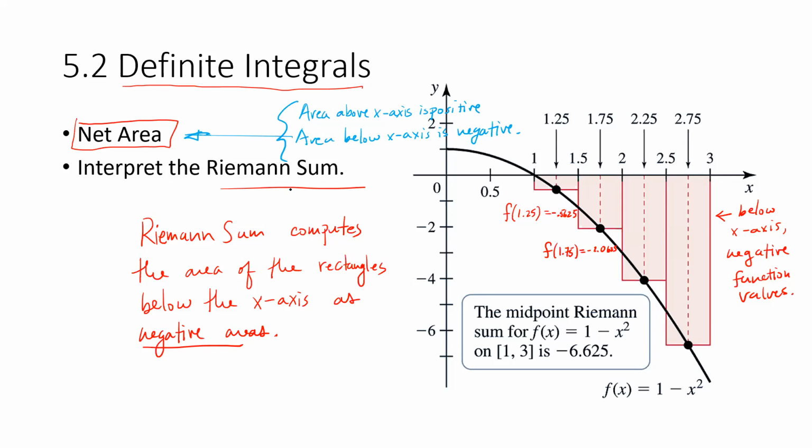So some regions might lie above, some regions might lie below. And we see that when we compute the Riemann sums, the rectangles that are above the x-axis contribute a positive value, and the rectangles that fall below the x-axis contribute a negative value.